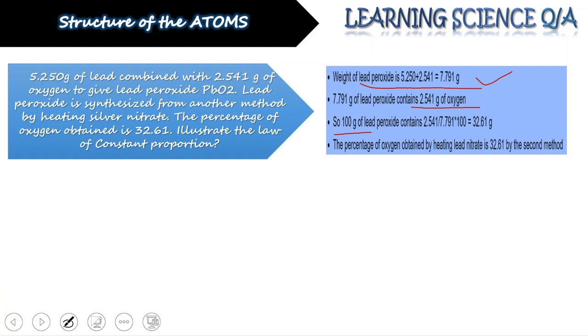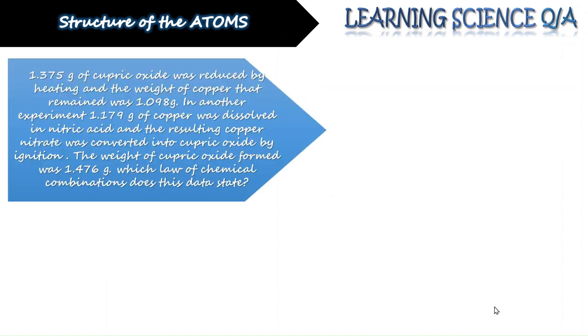So the amount of oxygen, 2.541, divided by the total weight of lead peroxide, multiplied by 100, gives us 32.61 gram, which is the oxygen. Now let's see the next question.